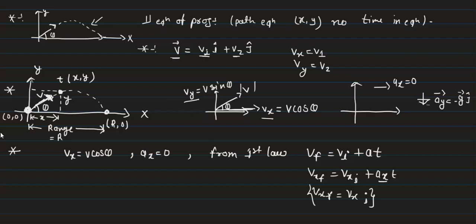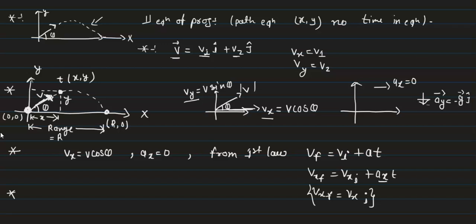Are you getting it? The speed remains the same in the x direction but not in y, because there is acceleration in y. We don't need that equation; you will get why in the upcoming 2 or 3 lines.